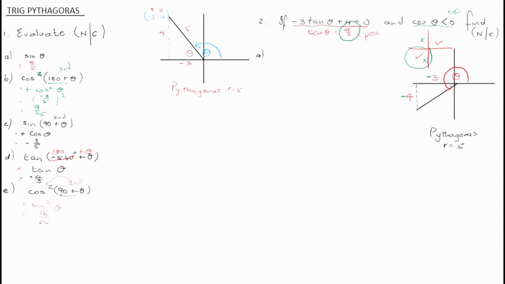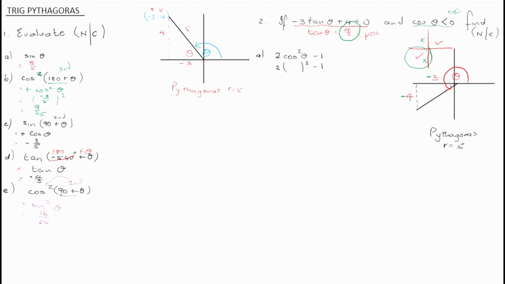Question A. 2 cos squared theta minus 1. Right, there's no reductions or co-functions, so we're just going to look up cos squared and minus 1.